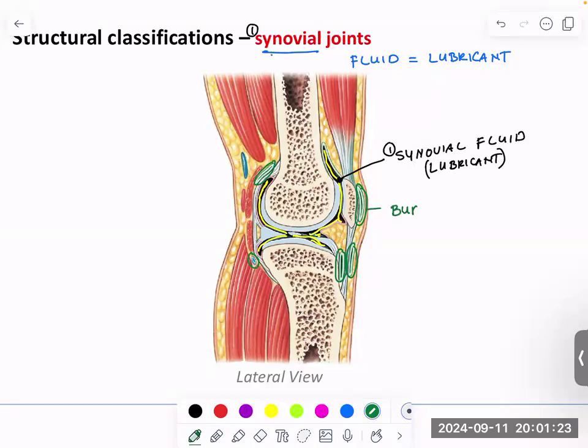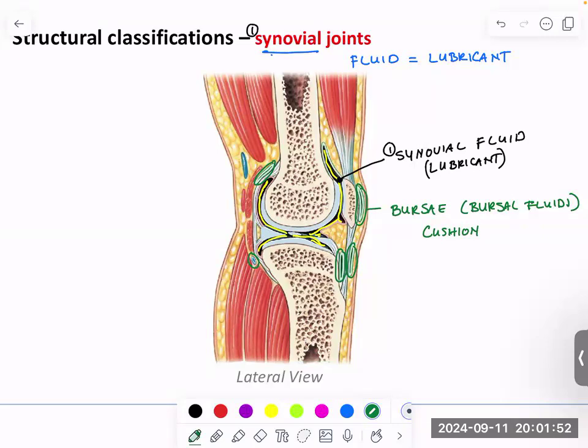These are bursae. These are filled with bursal fluids. These act kind of like a lubricant, but they are more to provide a cushion, and it's typically for the ligaments that are within them or between bone on bone.